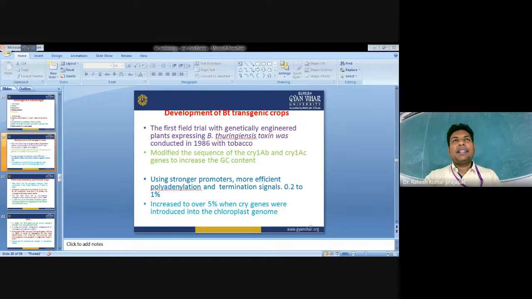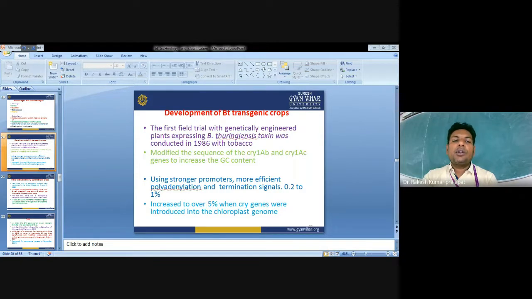Protoxin means it is in an inactive form and it gets activated in the alkaline midgut. When it faces that alkaline environment, the protoxin gets converted into the toxin, or partially degraded, releasing a partially toxic part of the protein.